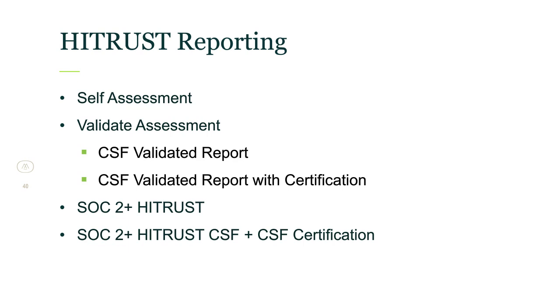And if an organization can demonstrate that its controls meet or exceed a mature level of rating across the board, they can have a validated report with certification, which really helps demonstrate that they are at a very compliant level of maturity across the board. So this is a wide range of options that are available for users in addition to SOC 2 plus HIPAA.